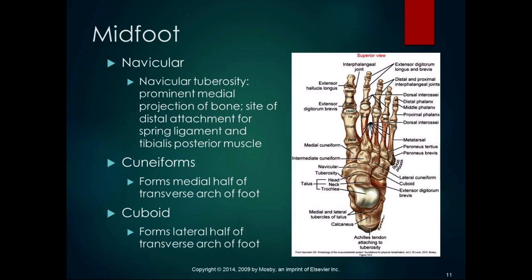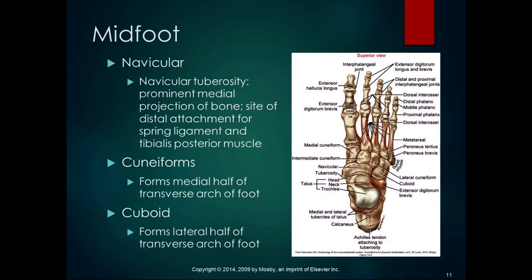The cuneiforms articulate with the distal end of the navicular. And then you can talk about them as the medial, intermediate, and lateral cuneiform. You can also say first, second, and third cuneiform. That is absolutely correct. And if you put that on a practical exam, I would mark that correct, because there you are.